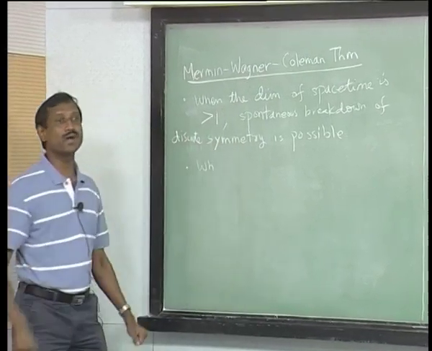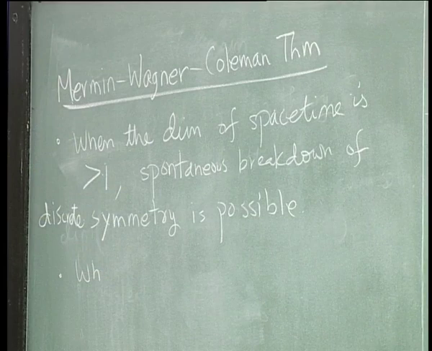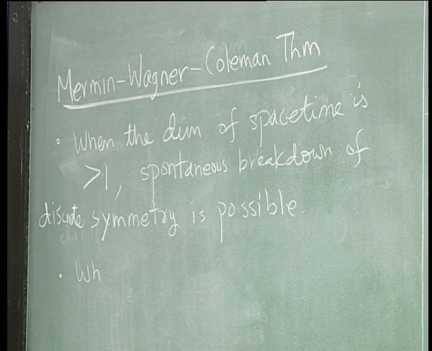is that you require the dimensionality of space time to be greater than 2 for continuous symmetries. So in 1 plus 1 dimensions, for instance, you cannot have a continuous symmetry.